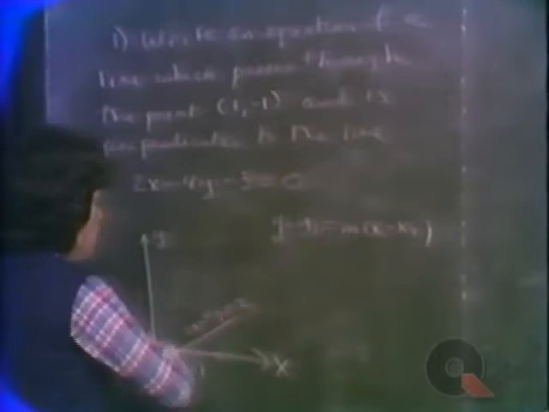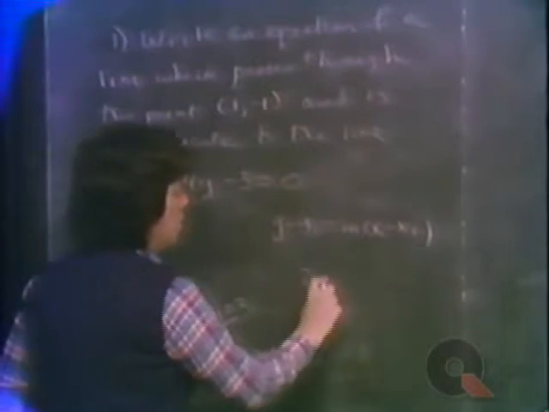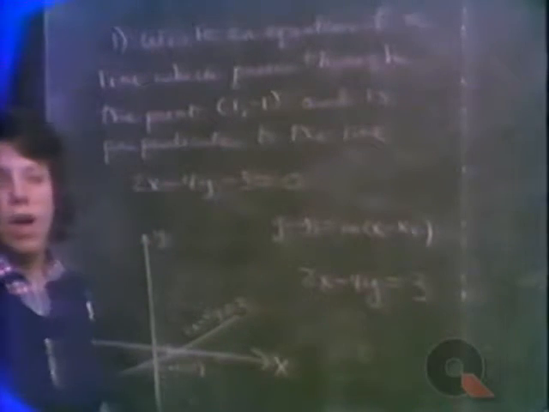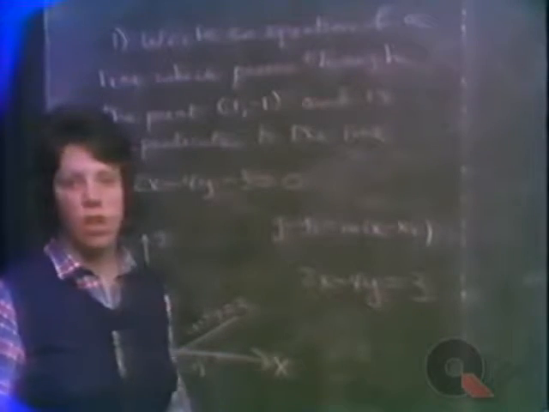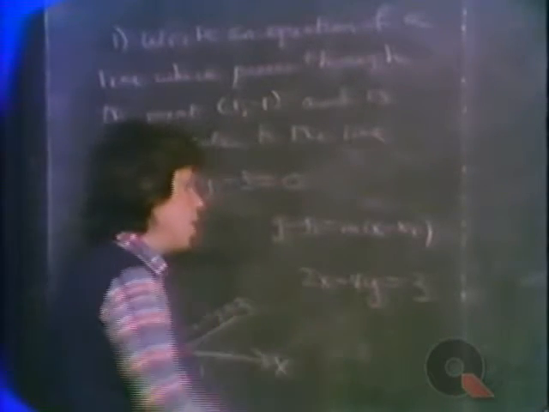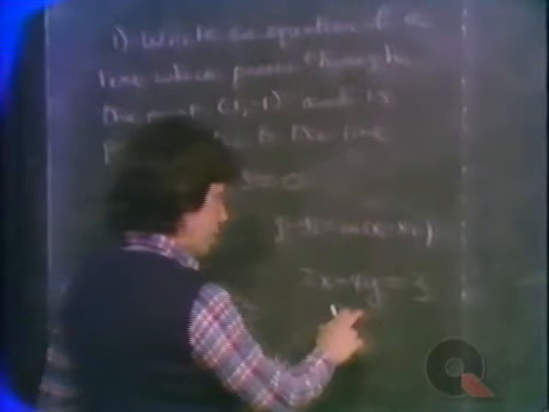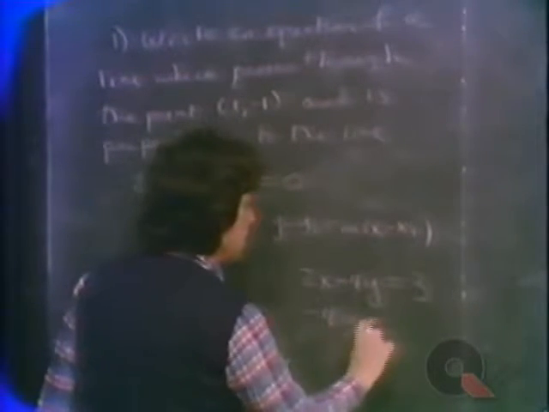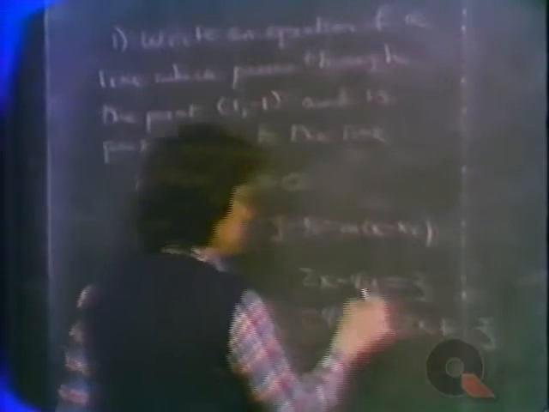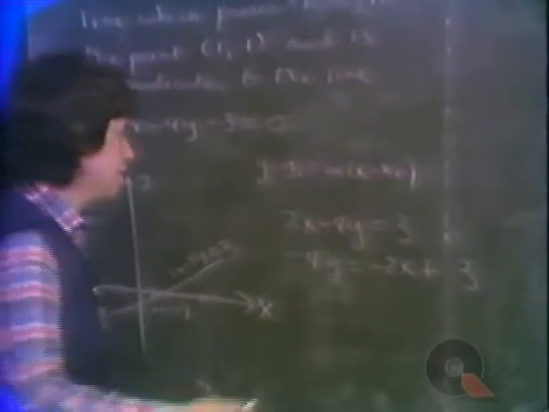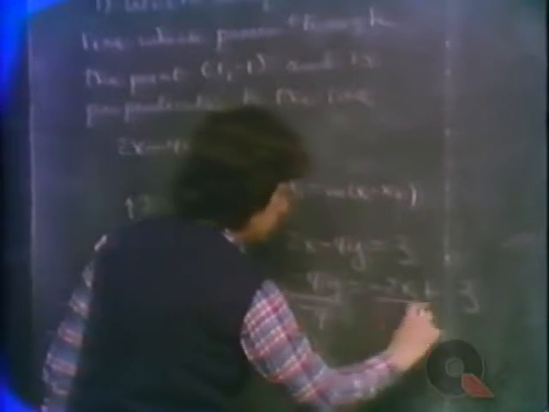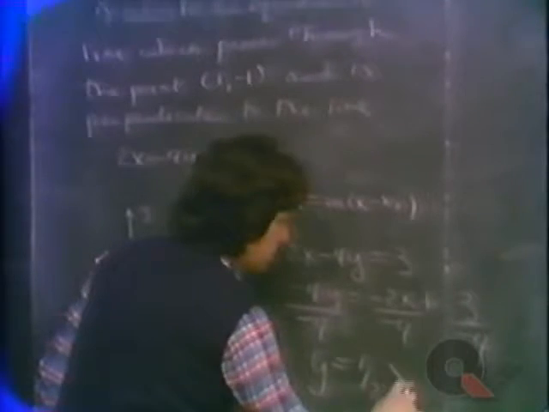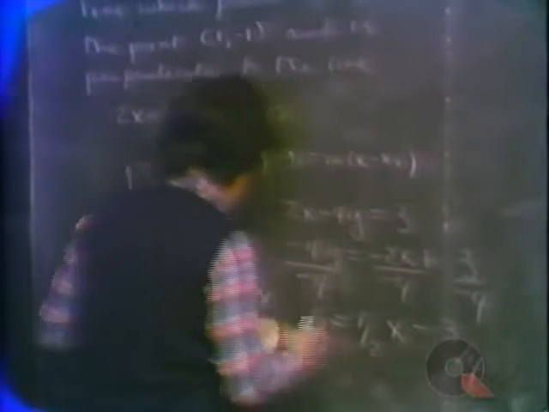Now to find the slope of this line, 2x minus 4y equals 3, the best thing to do would be to put it into y equals mx plus b form. That is, solve for y, get y alone on one side of the equation. So let's see, we have minus 4y is minus 2x plus 3, subtracting 2x from both sides, and dividing by minus 4, giving us y equals 1/2 x minus 3/4.